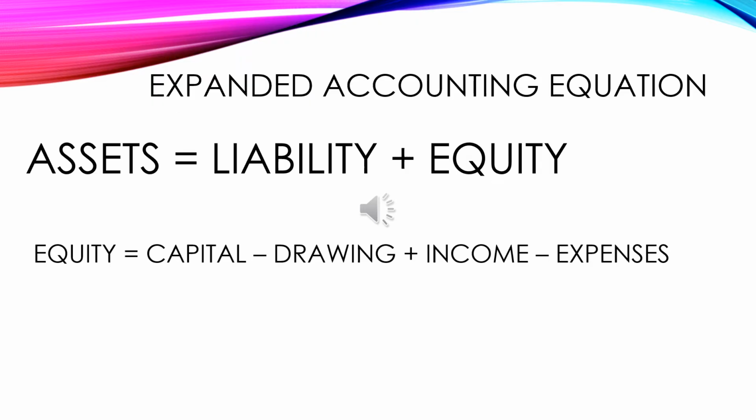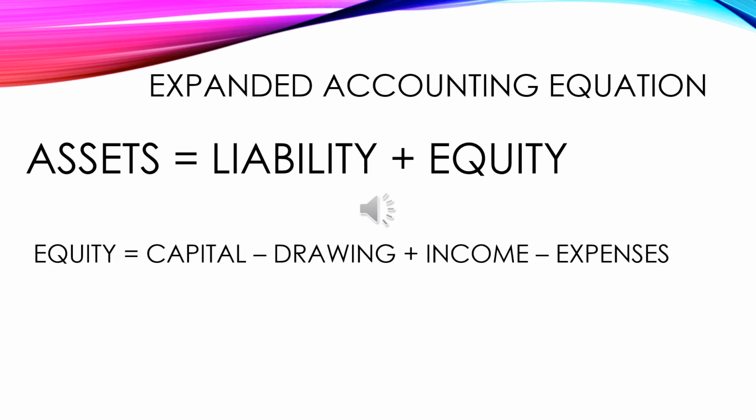Now let us discuss the expanded accounting equation. When we say expanded accounting equation, that means assets equals liability plus equity, wherein for equity, we will discuss here what forms part of the equity. When we go back to assets, assets could be in the form of cash, accounts receivable, supplies, equipment, lands, and the likes.